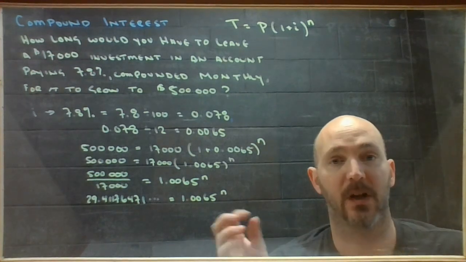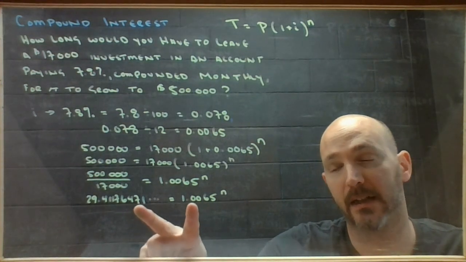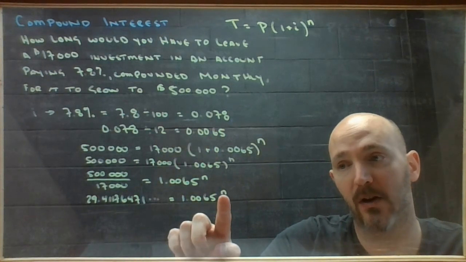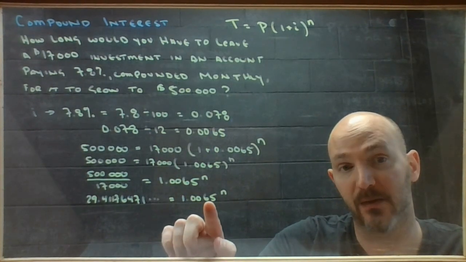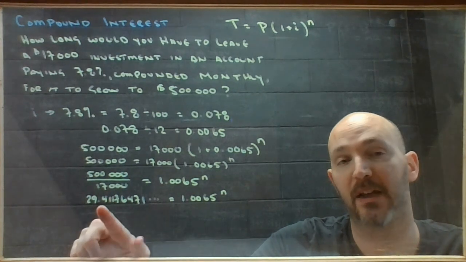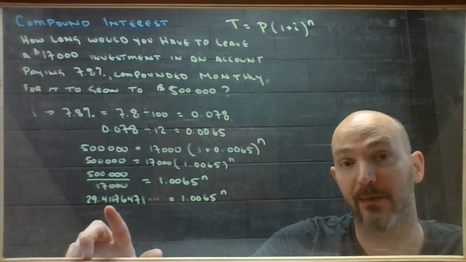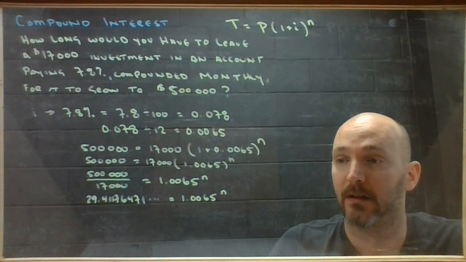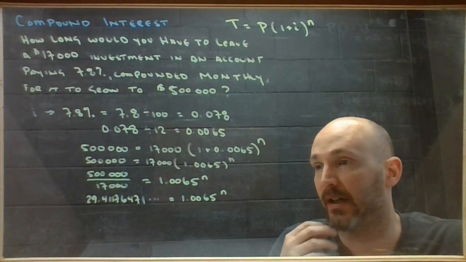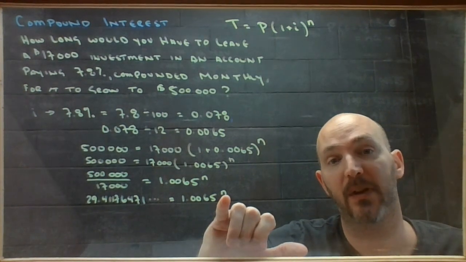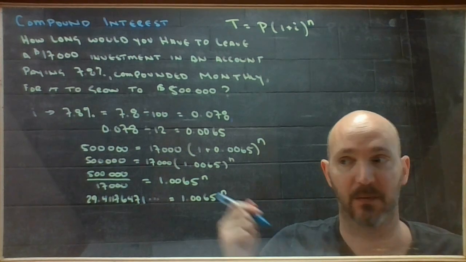So again, we're not done, but if you look at that line, basically what this question was asking was how long are you going to have to wait for this interest rate compounded monthly to make your initial investment increase by a factor of 29.5. Okay, so we have to do a little bit of fancy footwork here, because if you have a variable in the exponent, you need a logarithm to break that.